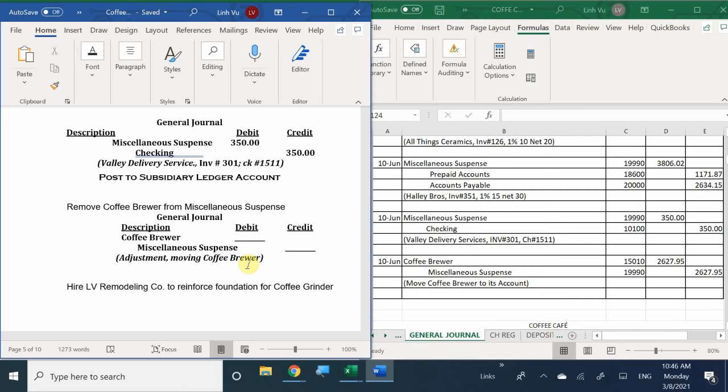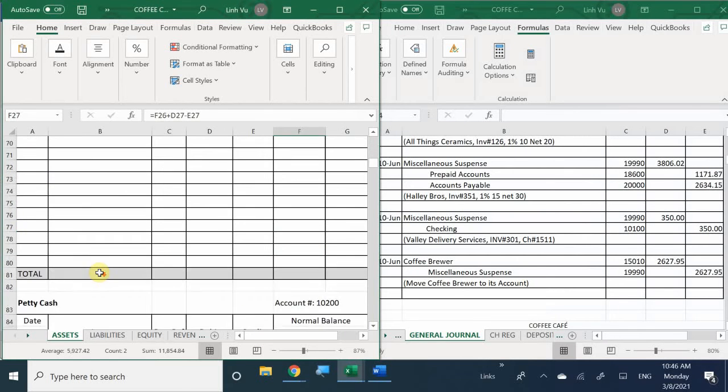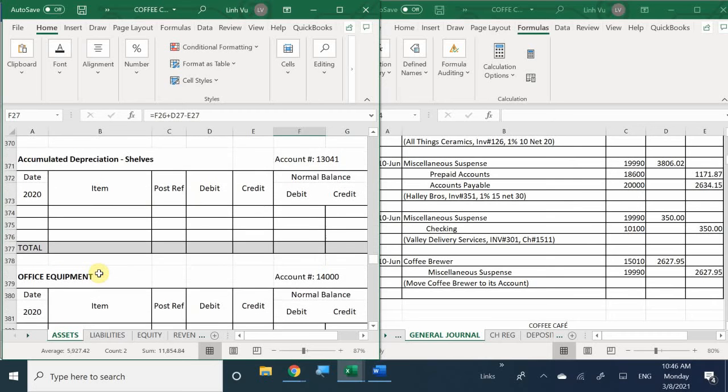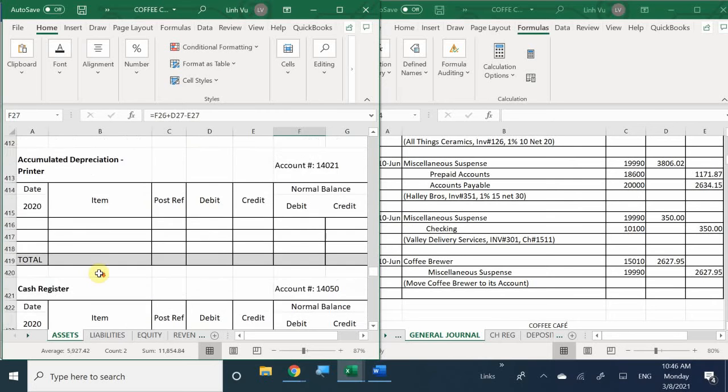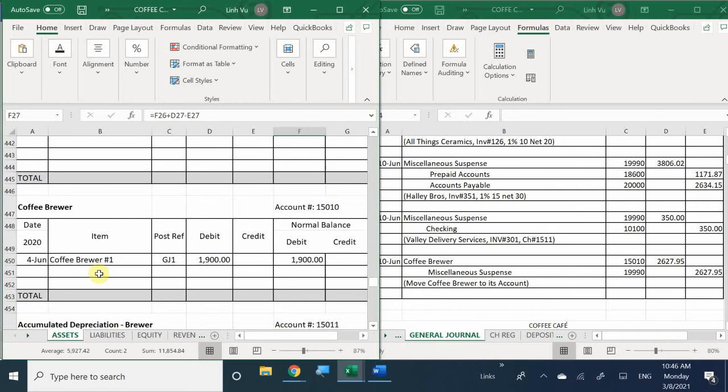All right, so right now, I'm going to go ahead and go into my ledger, and find my coffee brewer account. All right, so here's my coffee brewer.